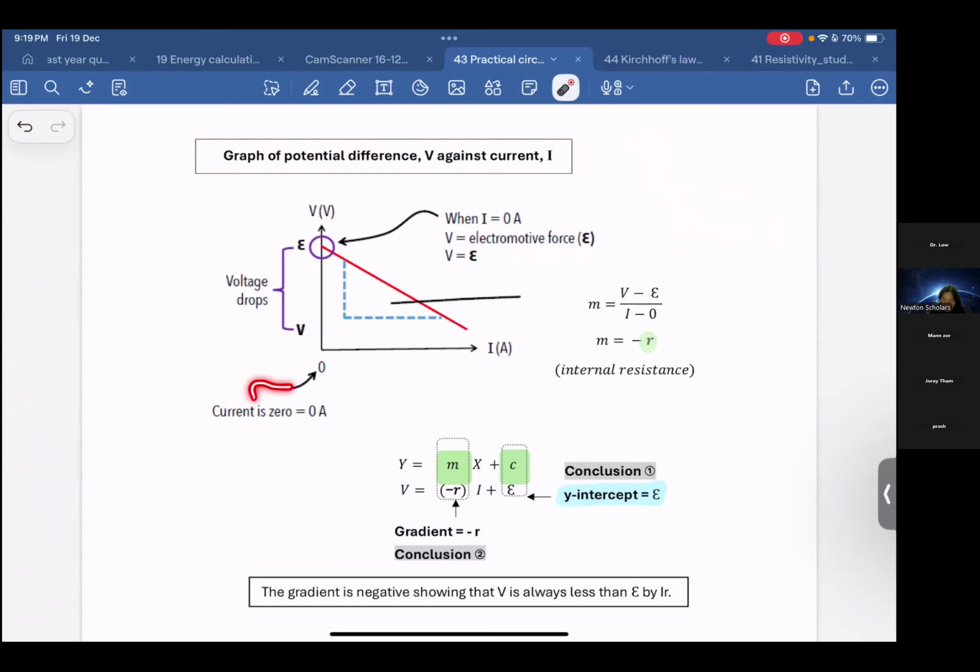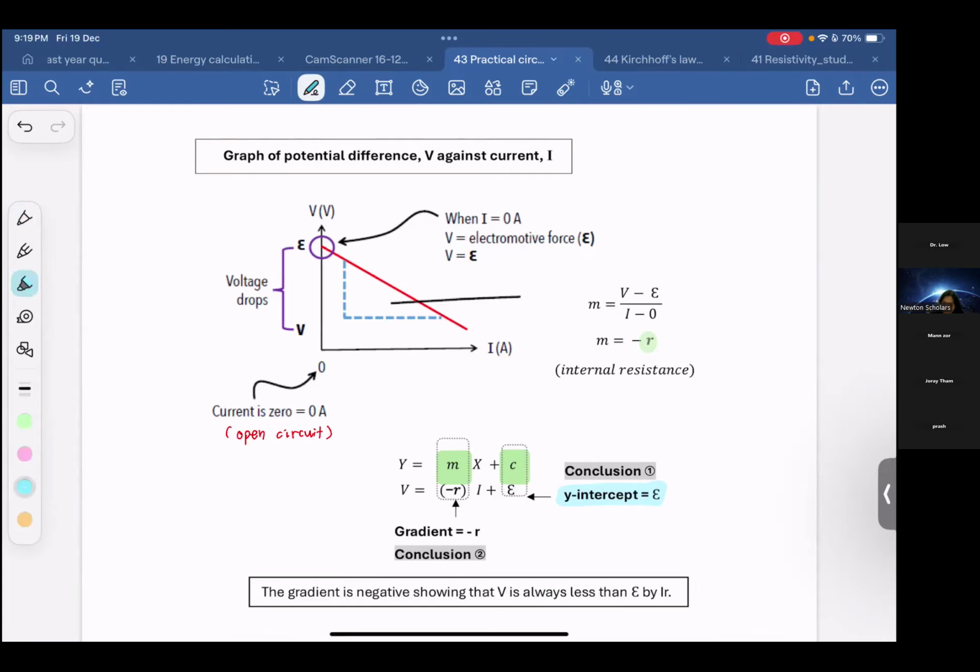Because when current is 0, x-axis is current, when I is 0, what does that mean? Open circuit, okay? Open the switch, the circuit is not connected. Here, I is equal to 0, and the voltage at this point is the voltage of EMF.